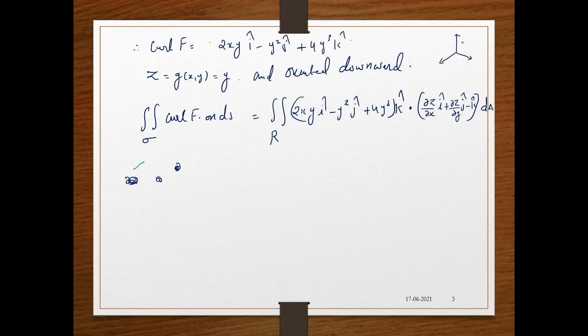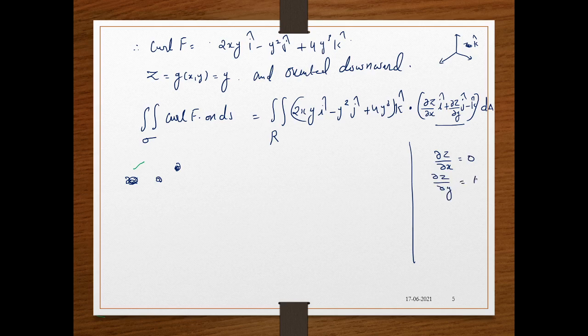There is a simple idea: if it is positive, then the k coordinate is positive; if it is negative or downward, k is negative. Now tell me what is dou z by dou x. It is 0. Dou z by dou y is 1.